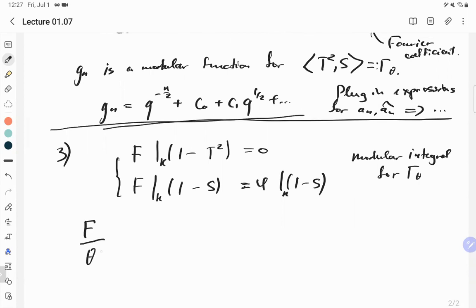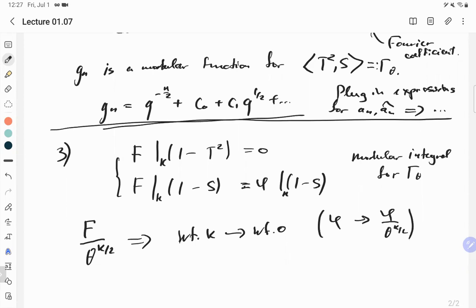You divide by a power of the theta function. So this leads to a different problem, where the weight goes from k to weight 0. But phi also changes: you also divide phi by theta to the power k over 2.